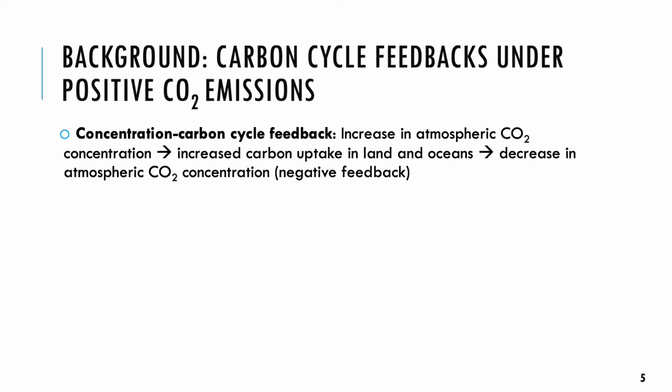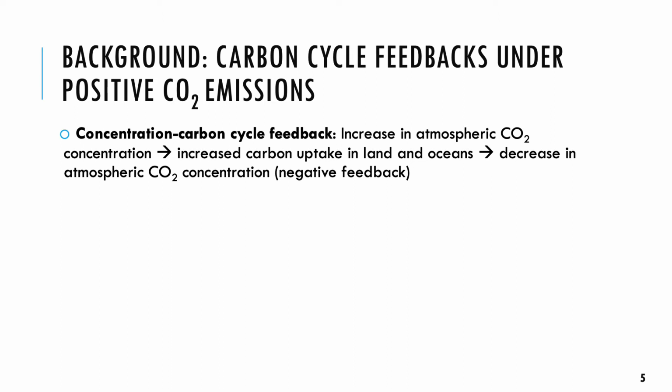Now, the land and ocean play a major role in regulating our anthropogenic CO2 emissions by absorbing approximately 50% of those emissions. And this absorption is governed by two main feedbacks.